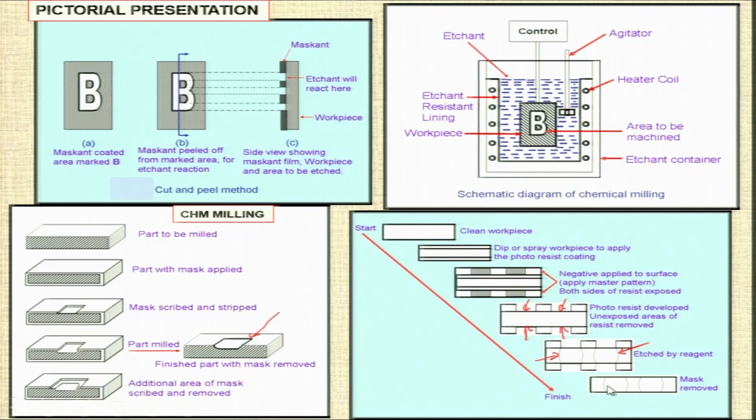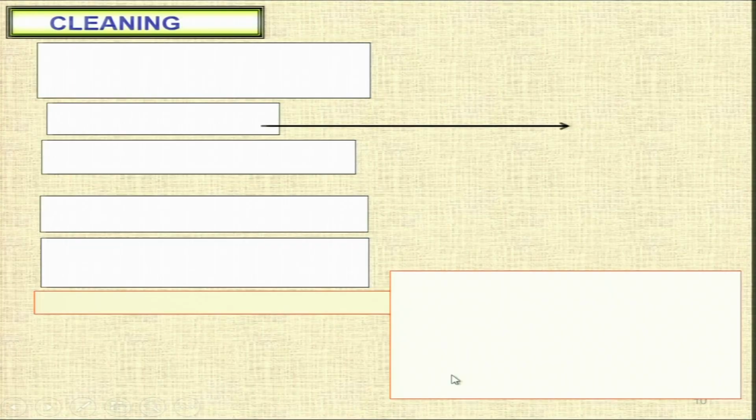And this is the cross sectional area, as you can see over here. This is the kind of shape you are going to get. So this is how this process works, and you can create micro features with this process very nicely, and this is commonly used in the industries.